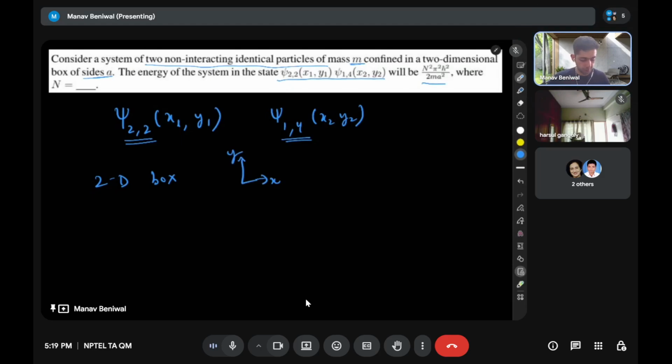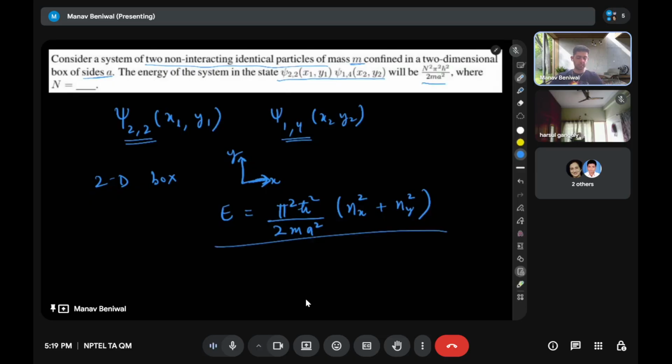For a two-dimensional box, we'll have two coordinates, x and y. Instead of just having x, we'll have x and y. And the energy of a particle in a 2D box we write as pi squared h cut squared upon 2m a squared, times one term for x and one for y, or sometimes we write n and m, or nx and ny.